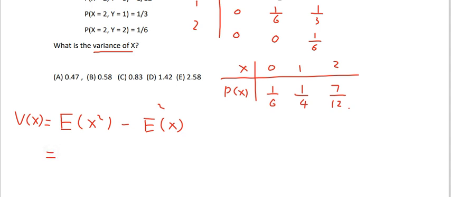E(X squared) equals 1 times 1 over 4 plus 2 squared, 4, times 7 over 12. This is E(X squared). So minus this E(X), which is 1 times 1 over 4 plus 2 times 7 over 12, like 14 over 12, and that is squared. Okay.